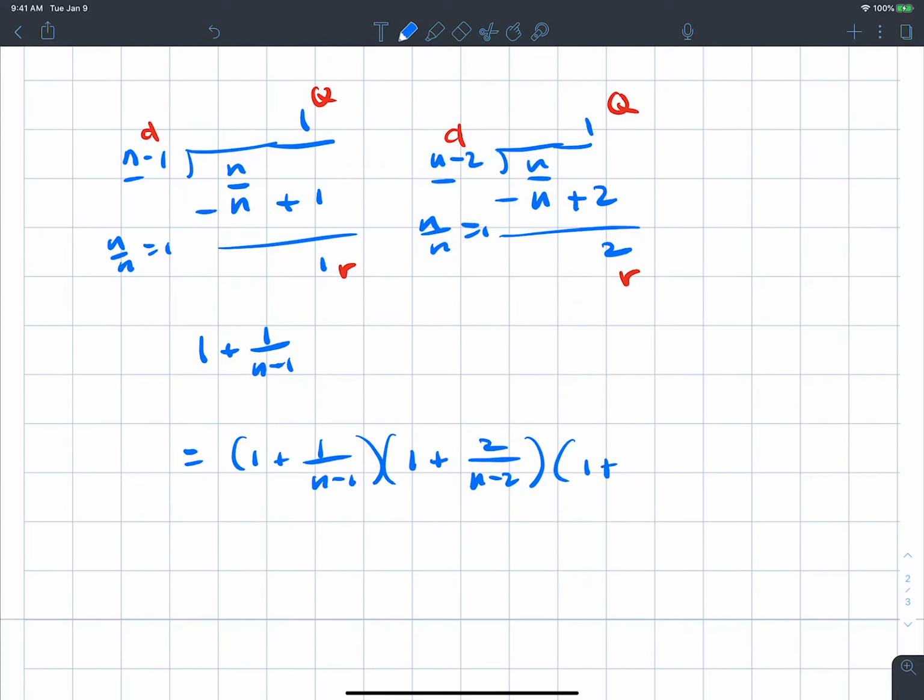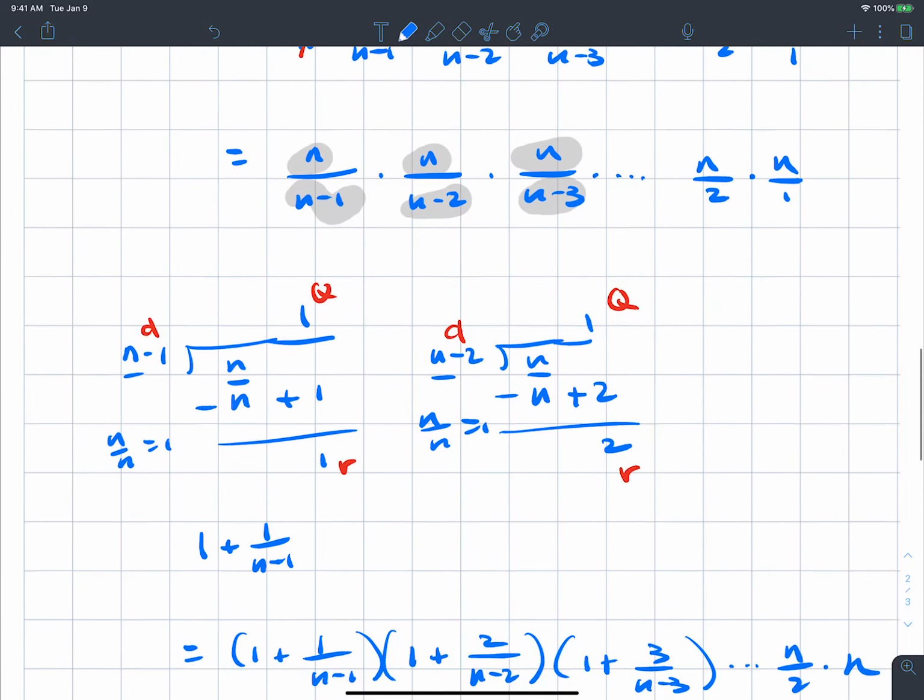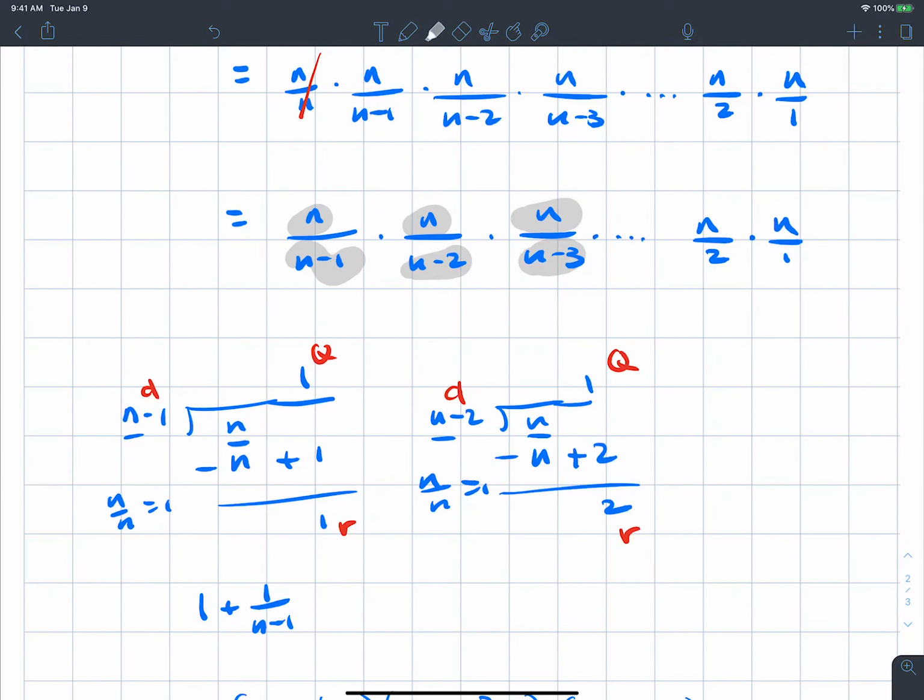And we'll get 1 plus 3 over n minus 3. And then we have to multiply all of these terms down to n over 2 times just n, because n divided by 1, if we see how this ends, is just n.